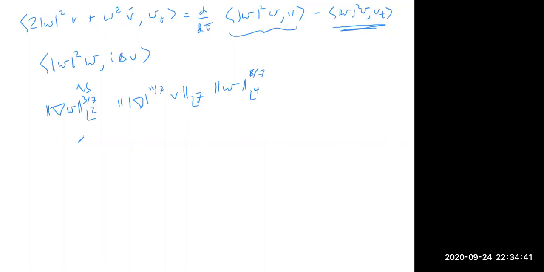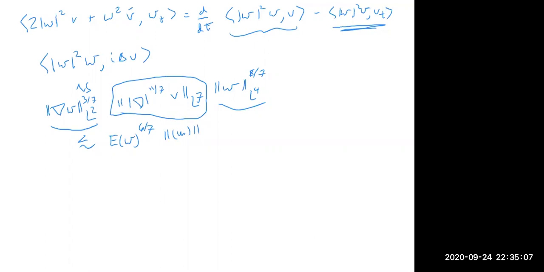And so for W, the W terms are actually bounded by the energy of W to the 6/7 by the Holder's inequality. And then this one, you use your dispersive estimate, and it's going to be bounded by the norm of U naught W. But look at this 11/7 that we have, right?